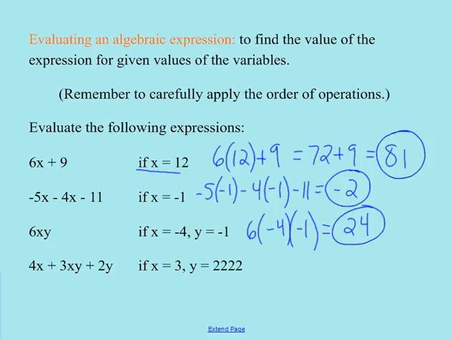And finally, we have the expression 4x plus 3xy plus 2y if x equals 3 and y equals 2,222. So let's plug in those values. 4 times 3 plus 3 times 3 times 2,222 plus 2 times 2,222.